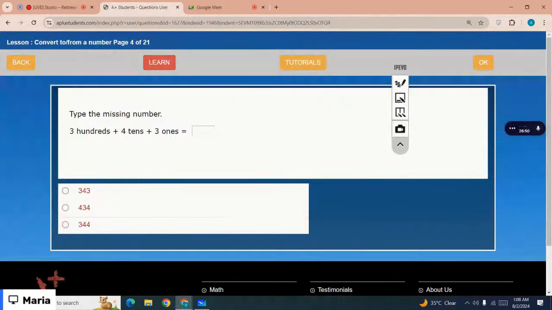Okay, type the missing number 300s, 4 tens, and 3 ones. Which is the correct option?